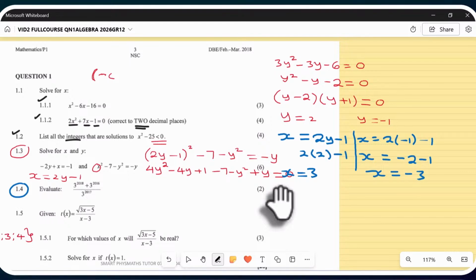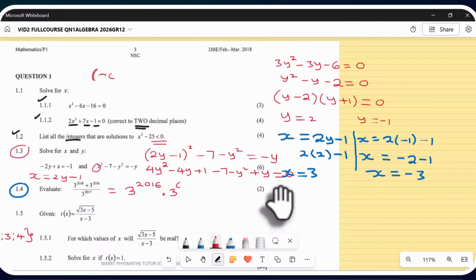Then here, 3 power 2016 multiplied by 1, divided by 3 power 2017, which I can also write as 3 power 2016 times 3 power 1.